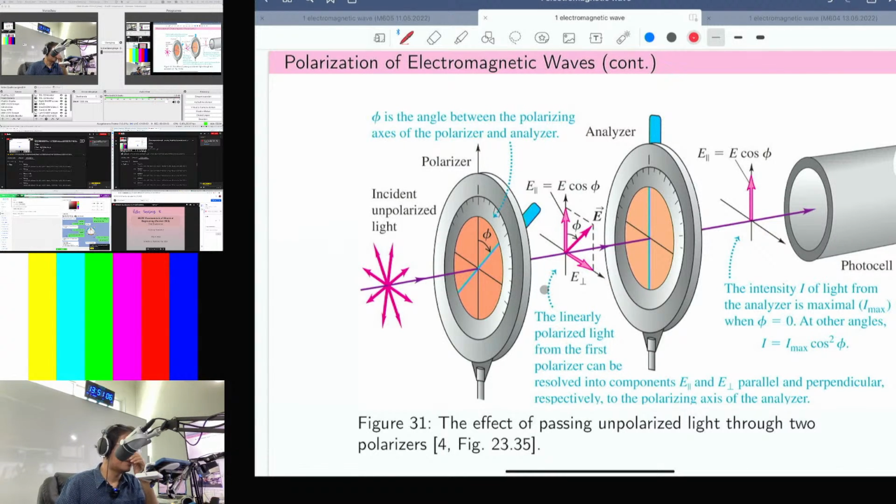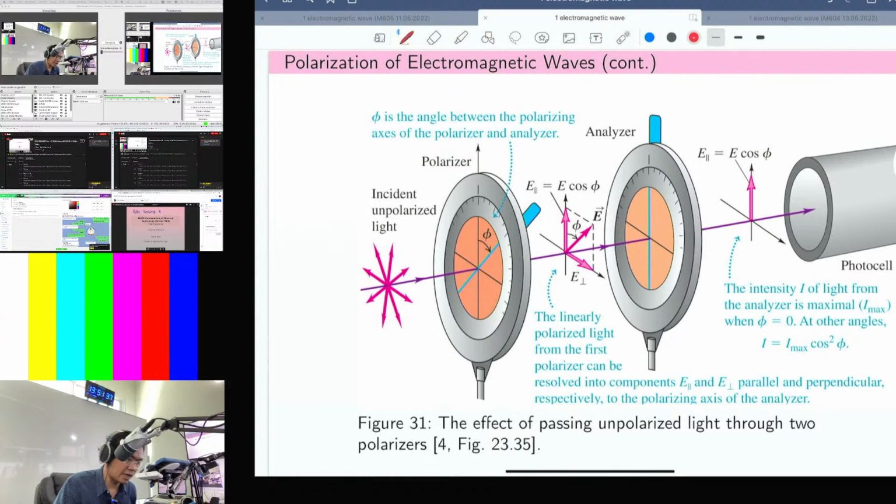Let's talk about what's going on first. If you have another polarizing filter, you can lay it, and please make sure that the center of the first one and the second one lie in the same way, and are also at the center of this pipe.